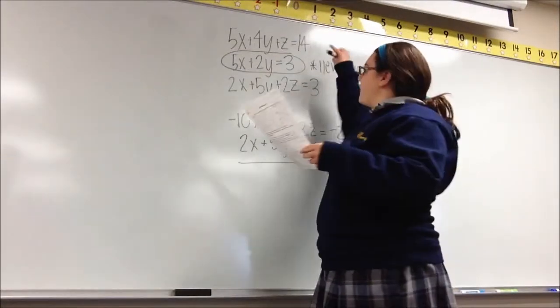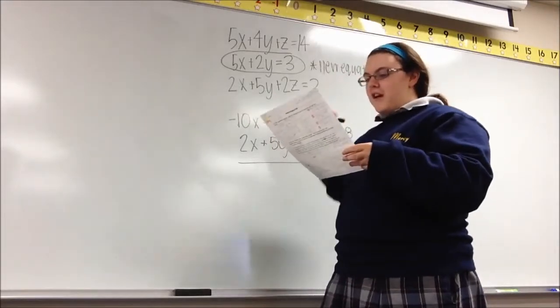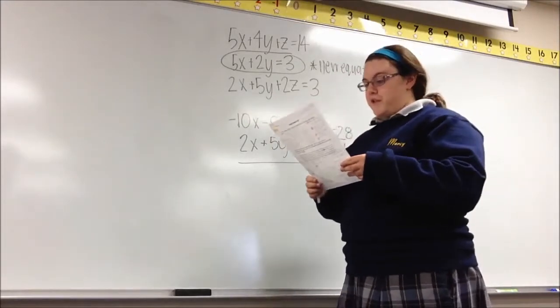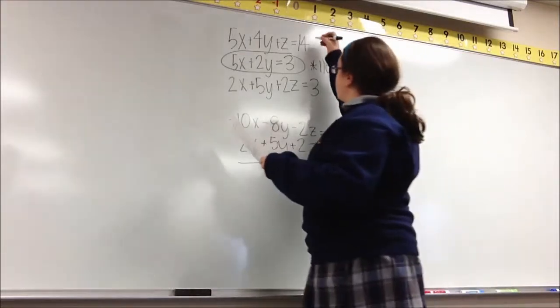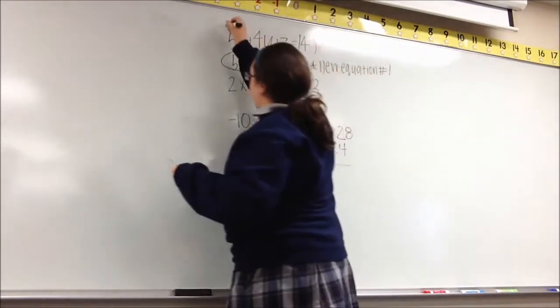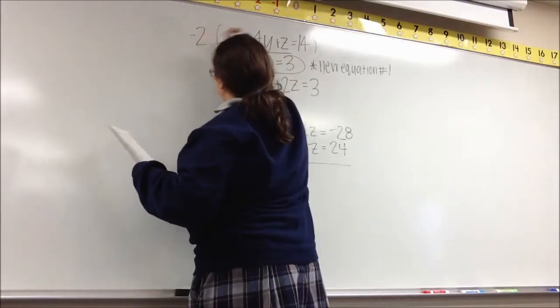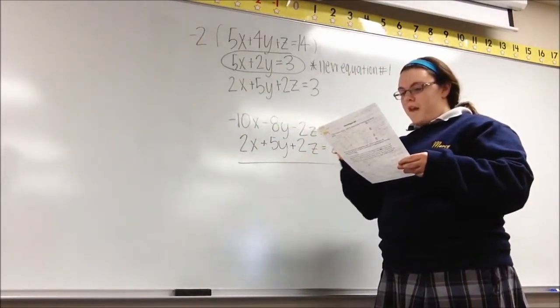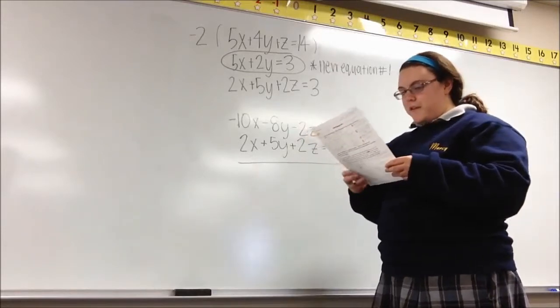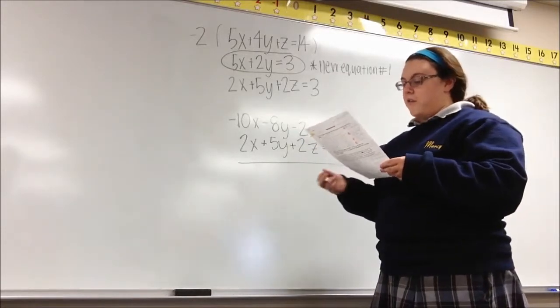Now we're going to take the first and our third equation to get our new equation number 2, and to get the z's to cancel out, you have to multiply this one by negative 2. And after you do that, this is what you get.